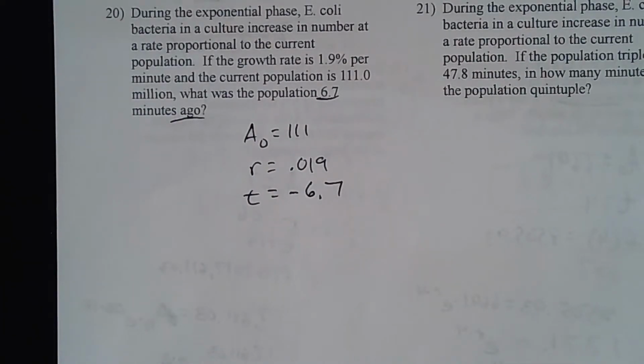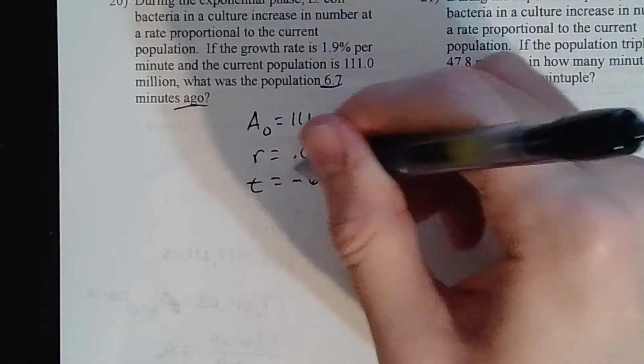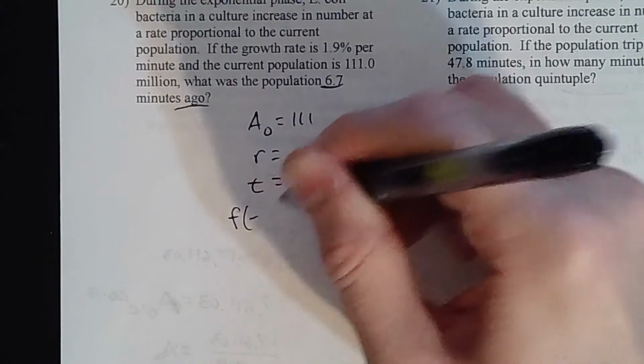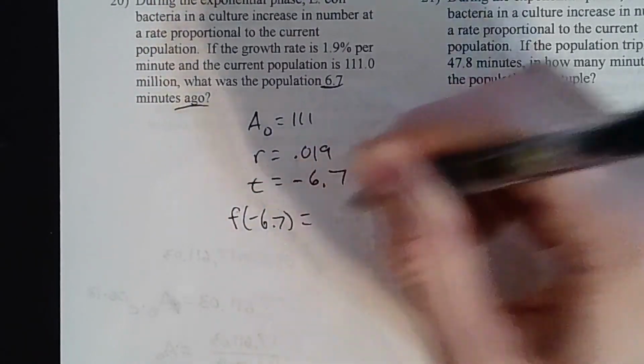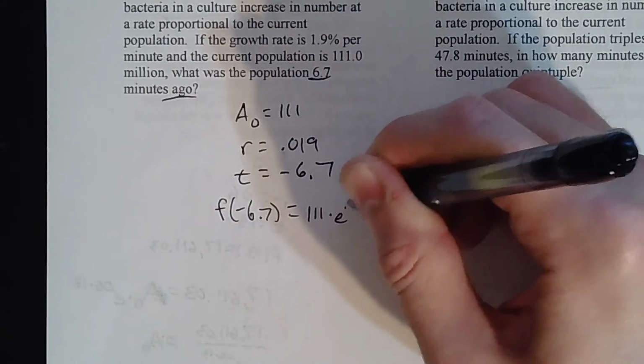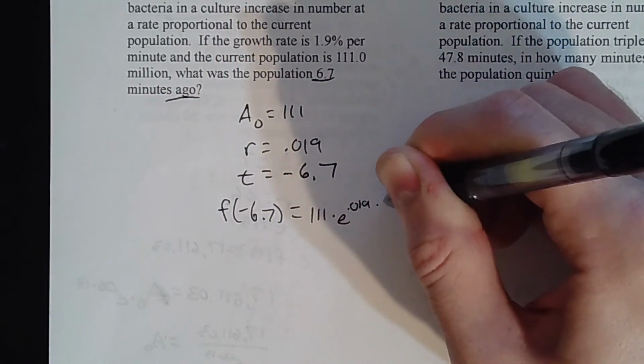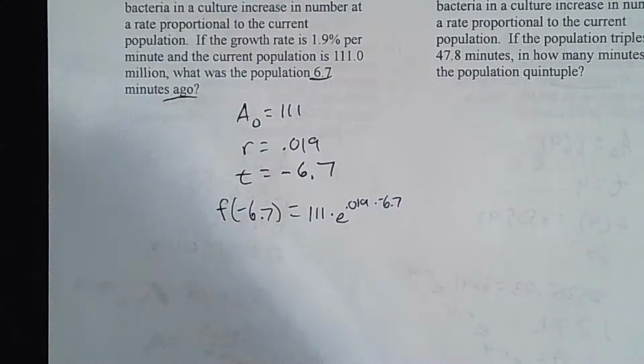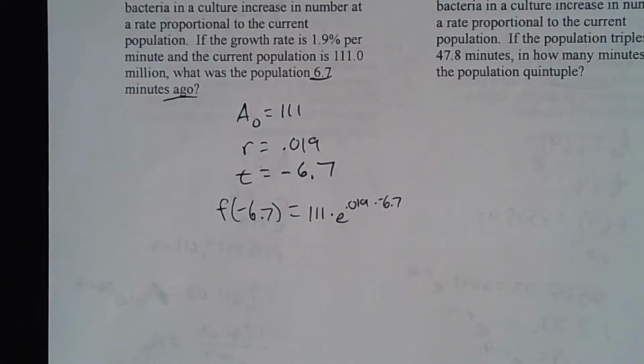That's the key there. Anyways, that means that f of negative 6.7 is equivalent to 111 times e to the 0.019 times negative 6.7. And plugging all this into my calculator. That's what a lot of this is. It's a lot of calculator work.